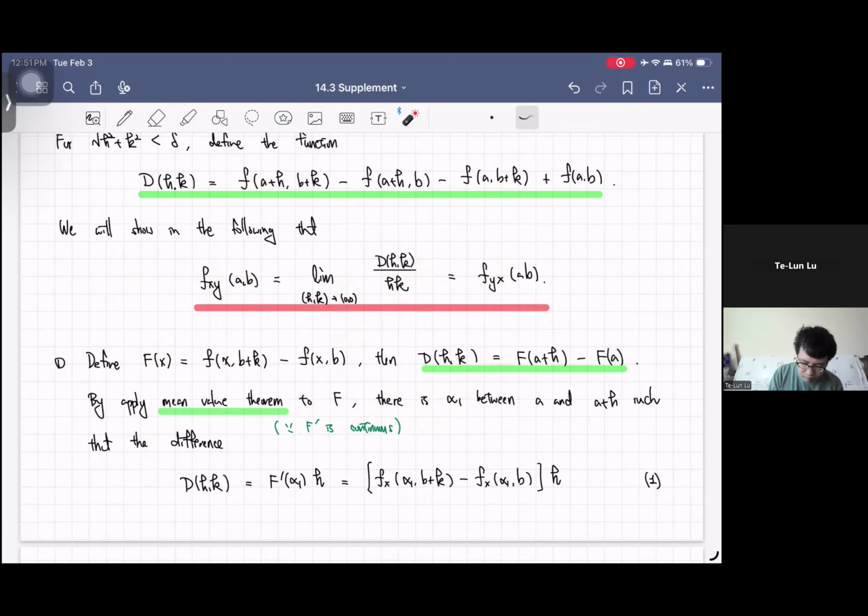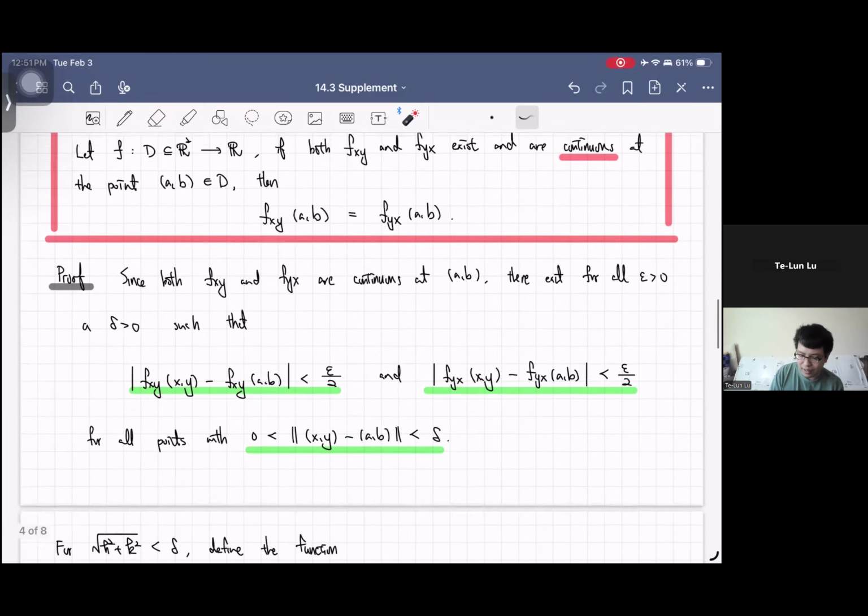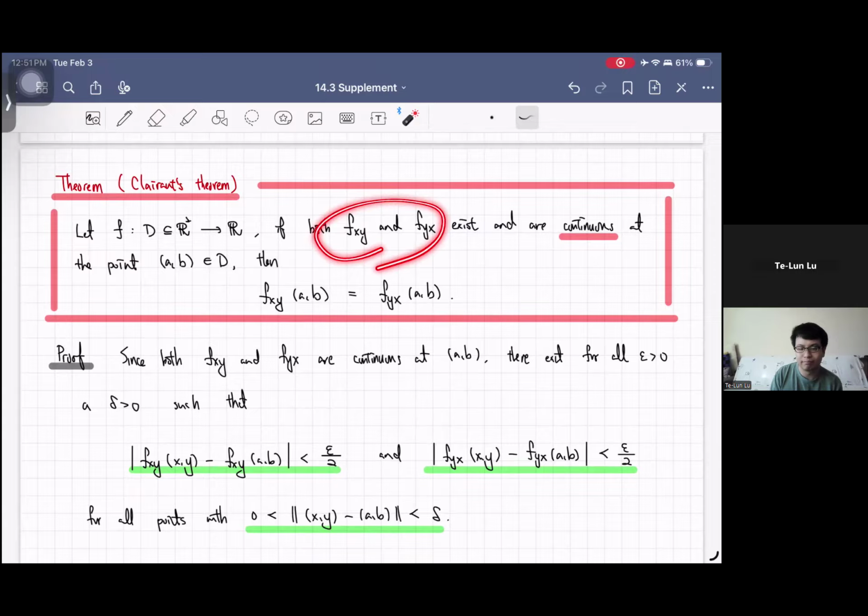First of all, you can apply the mean value theorem to F because it is differentiable, since the differentiation is simply the partial differentiation of little f, right? Moreover, the derivative is continuous. f_x is continuous due to the fact that we already assume that f_xy is continuous, right?